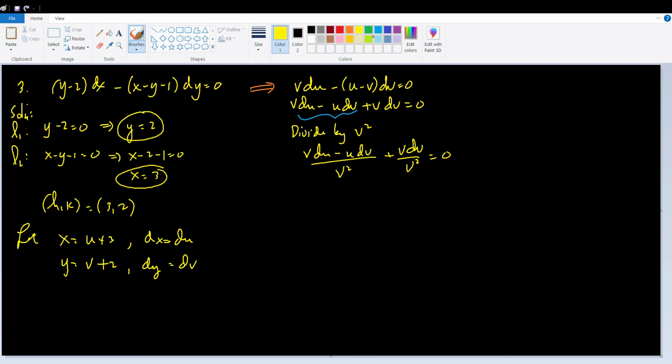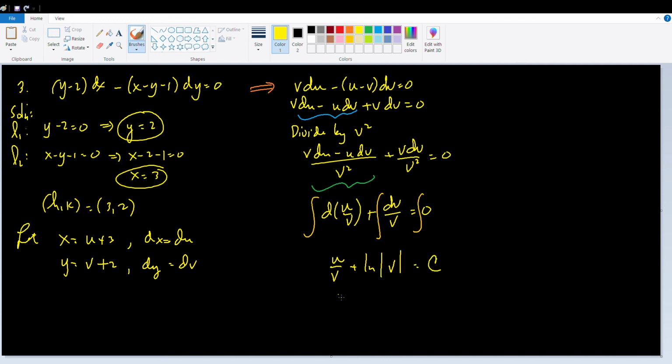And see that this is the exact differential of u over v, plus v dv over v squared is dv over v equal to 0. So we can just integrate. Thus we have u over v plus ln absolute value of v equal to, let's just say, c. So we multiply by v, u plus v ln of absolute value of v equal to cv.